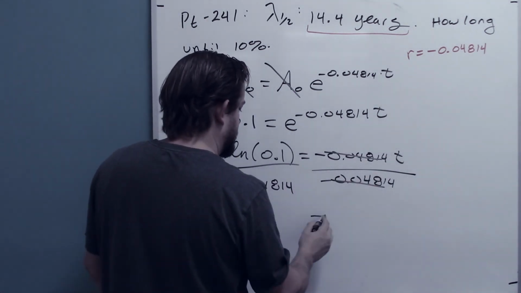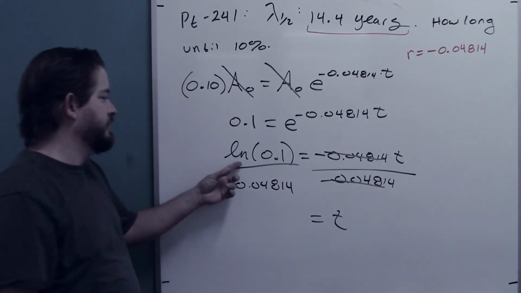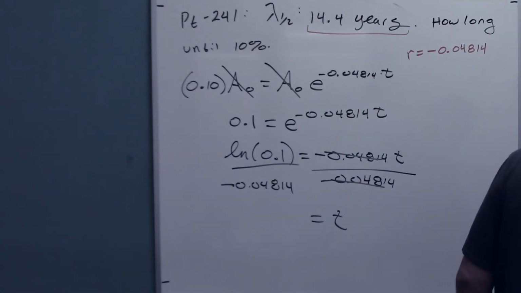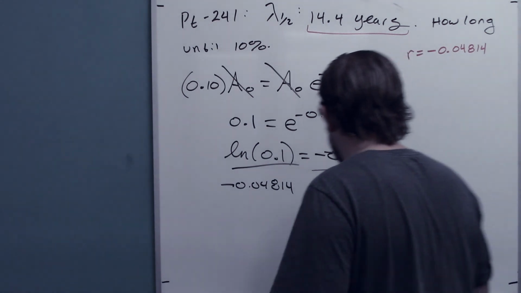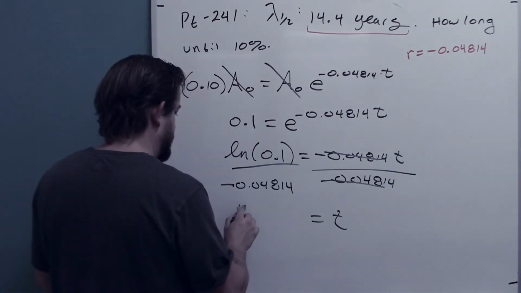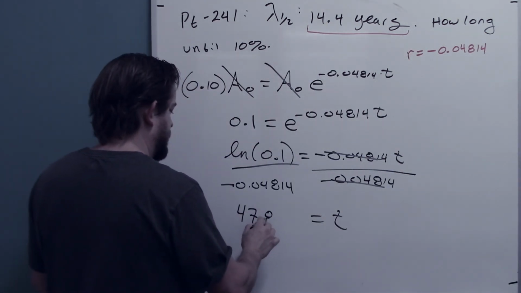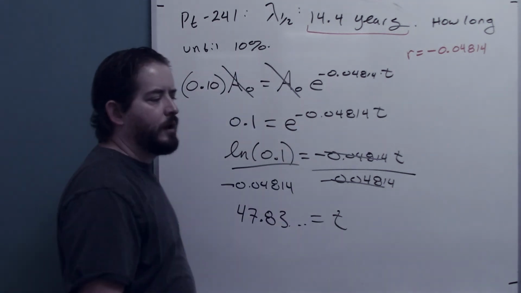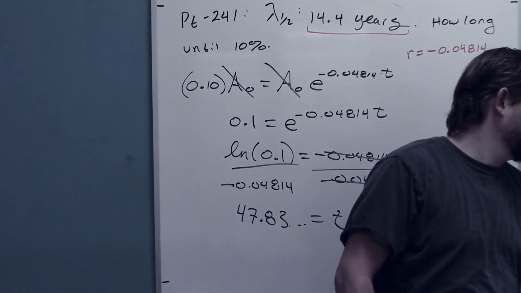That isolates the t on the right hand side, and then the calculation here, the natural log of 0.1 divided by that, I get about 47.83.